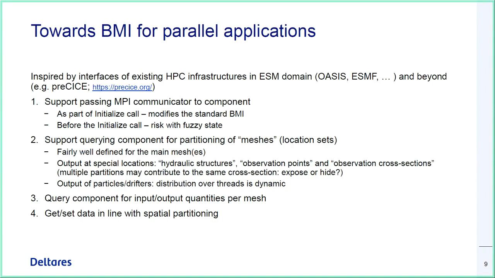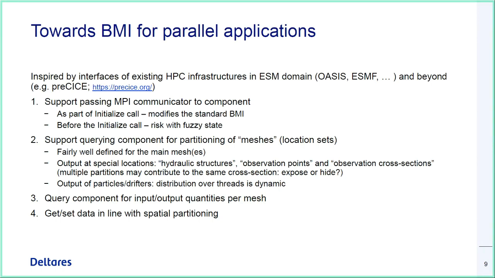So you need to pass the MPI communicator to your component, and that's where already discussion starts. If we do that as part of the initialize call, then the basic interface is no longer the basic interface, because it's now defined without an MPI communicator. So even if we want to, we cannot see this as an extension anymore.